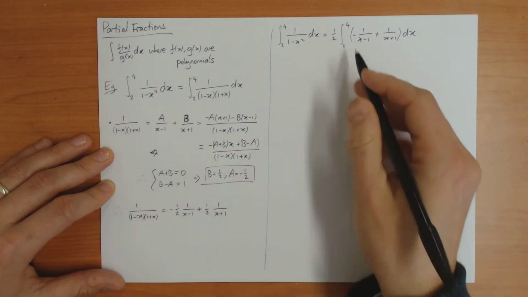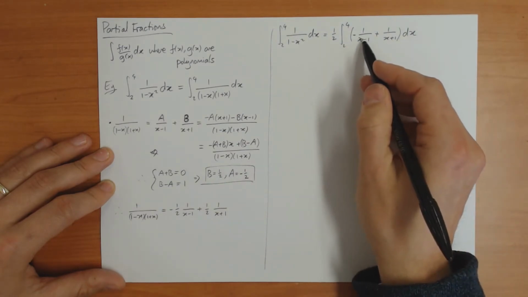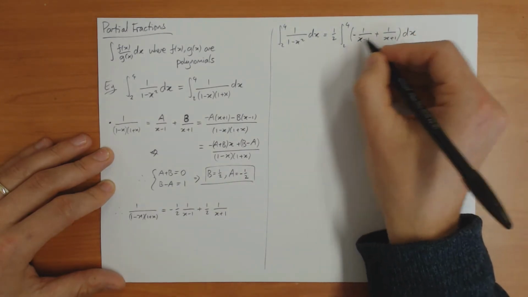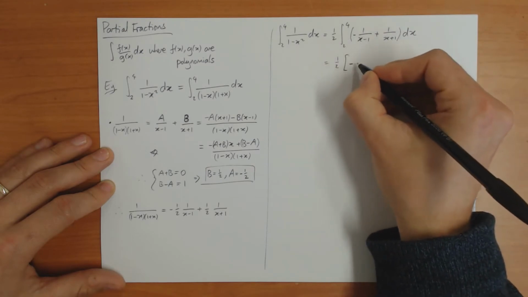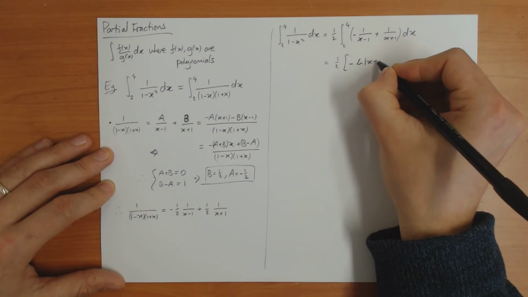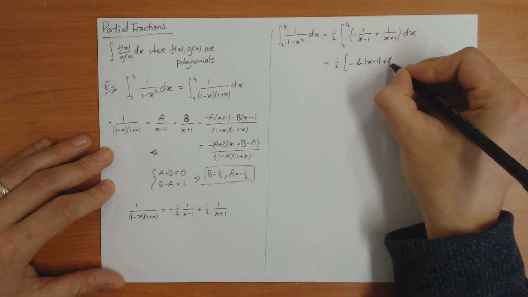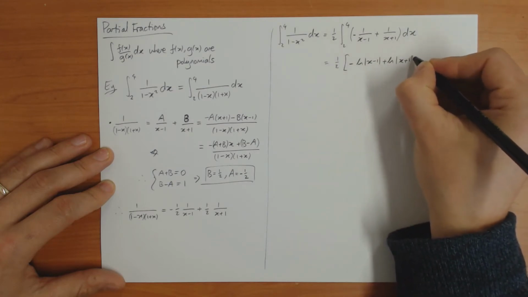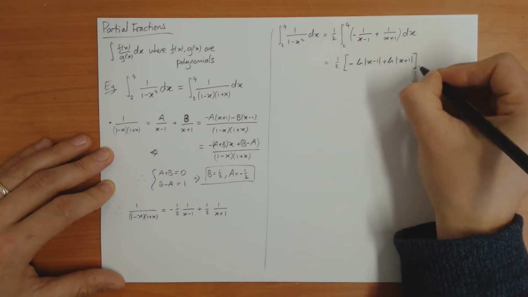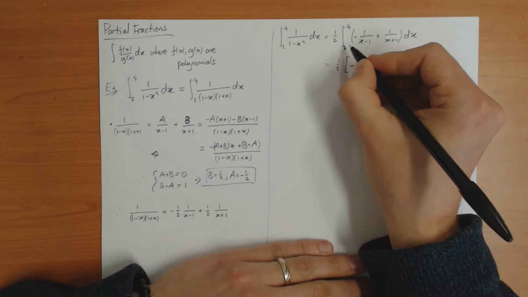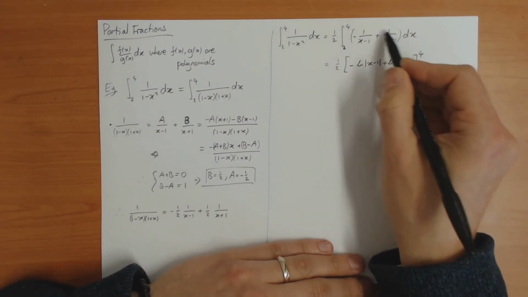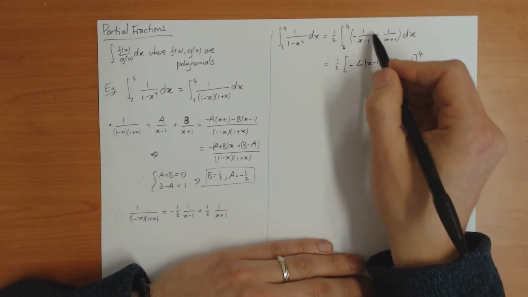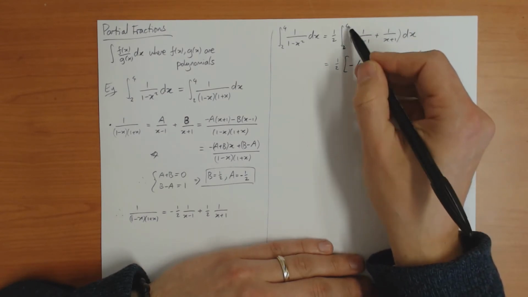Now you can integrate these, because these just go to logs. So this is a half times minus log x minus 1 plus log x plus 1, between 2 and 4. Again, you have to be careful to make sure that these functions don't go to infinity between x equals 2 and x equals 4. In this case, you're okay, because these are always positive for this range of x.